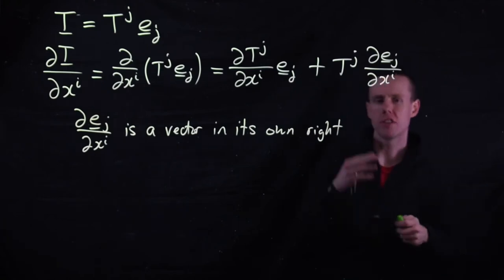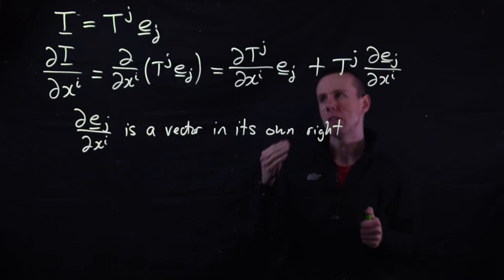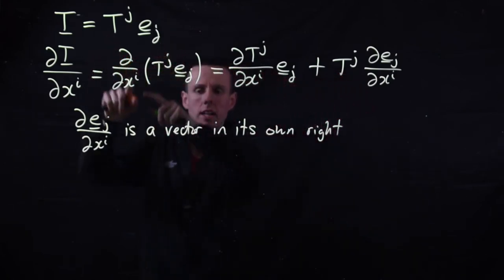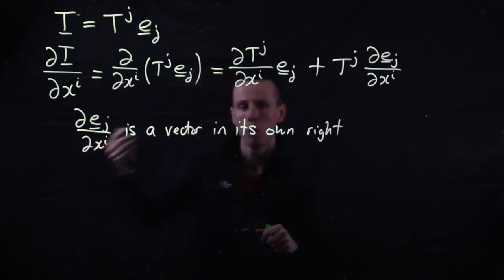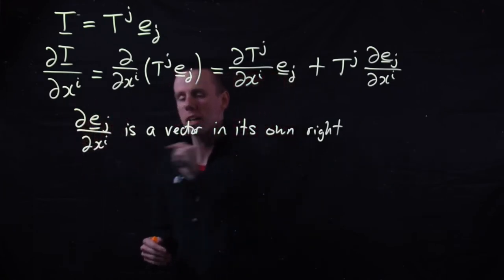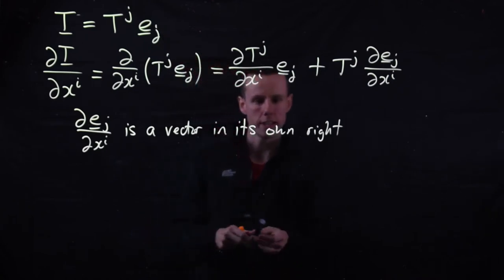And so because it's a vector in its own right, it can be written in this kind of form. It has components and basis vectors, right? So this vector can be written as a linear combination of components times basis vectors.